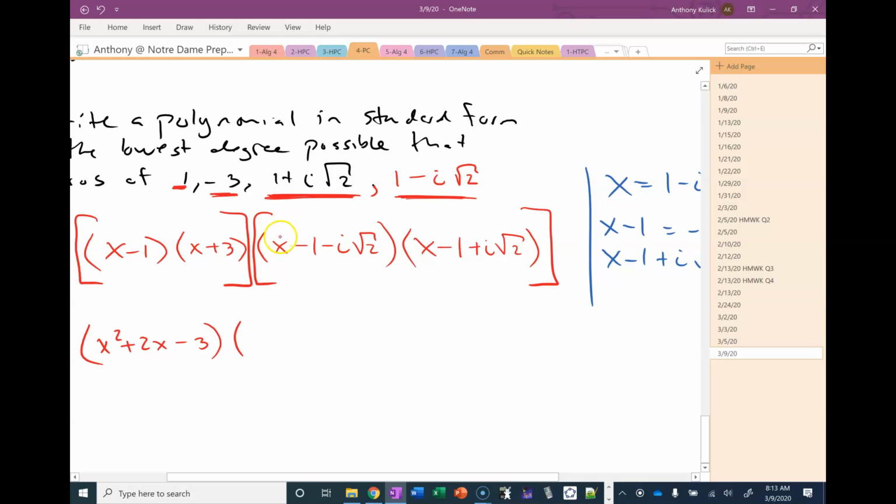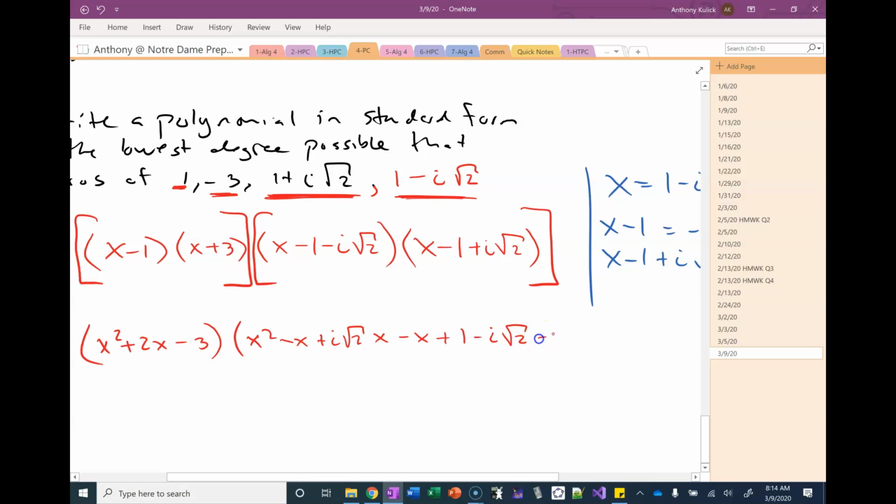And now I'm going to FOIL these guys together. So x times x is x squared. Then x times -1 is -x. And then x times I square root 2 is I square root 2x. Okay? And I'm going to keep on doing that. So I get -x plus 1 and then minus I square root 2.